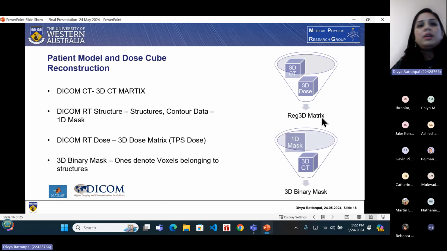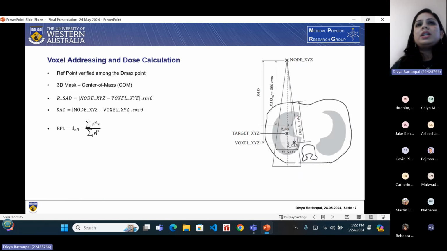Another one-dimensional mask, along with the 3D CT, forms the 3D binary mask, where ones denote the voxels belonging to the structures and zero otherwise. Once the patient model has been reconstructed and the other parameters have been loaded for dose calculation, the next step is voxel addressing and dose calculation.